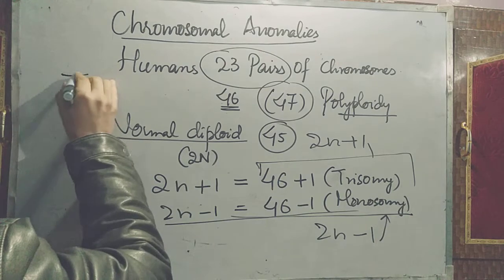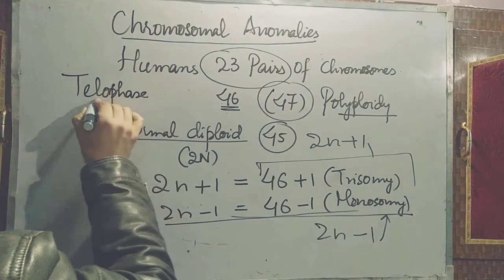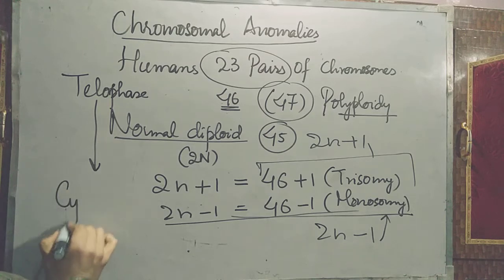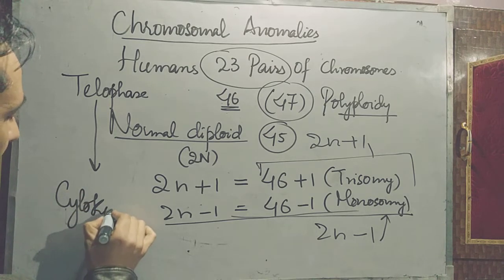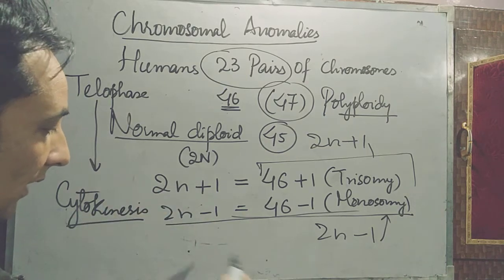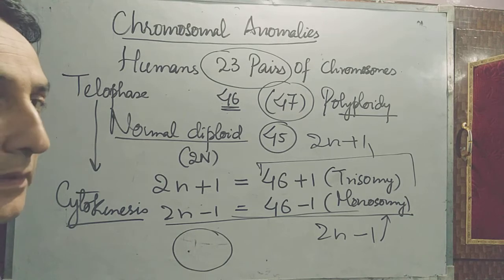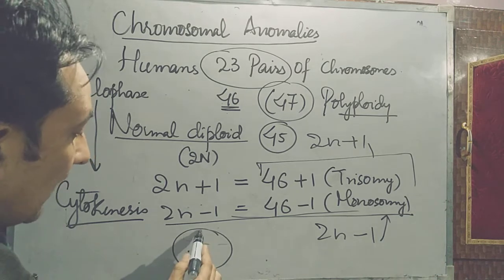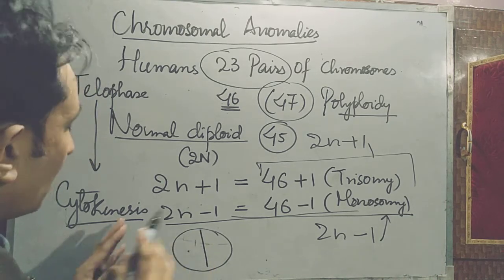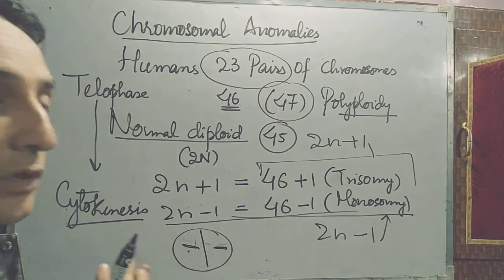When the telophase is over, after that, there occurs cytokinesis. That is, the cells will now separate from one another. For example, this is a single cell. It will divide into two cells. So now the cytokinesis occurs, so that chromosomes get distributed between these two cells.